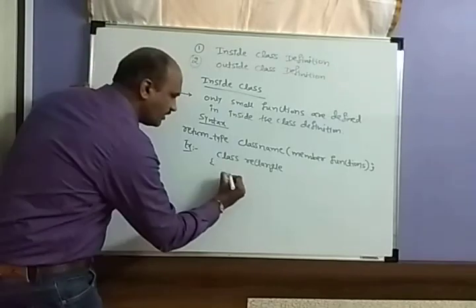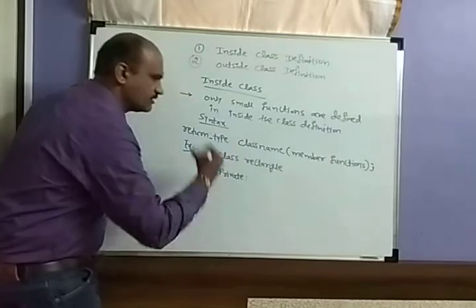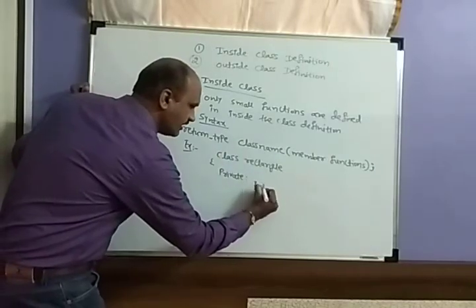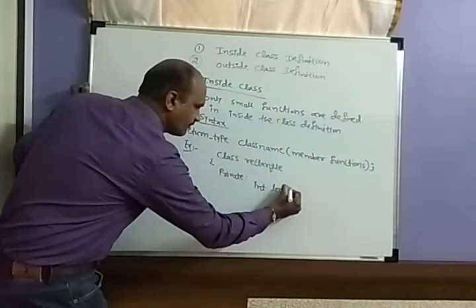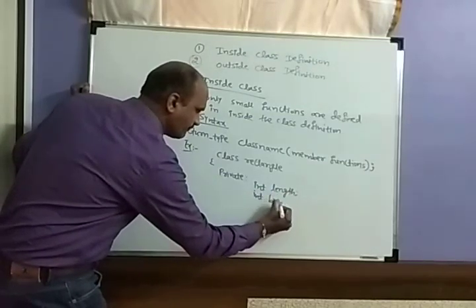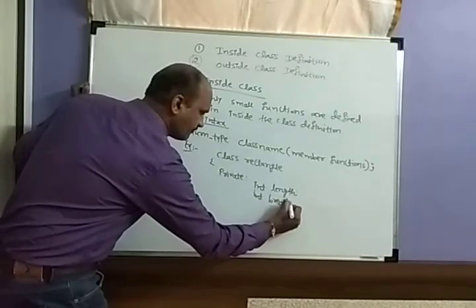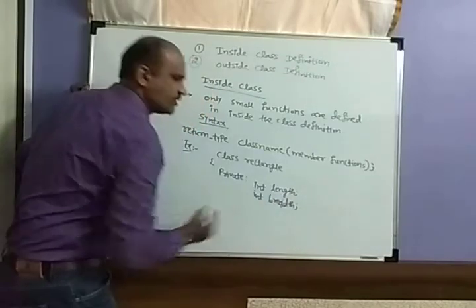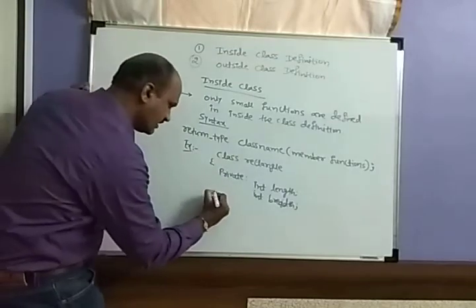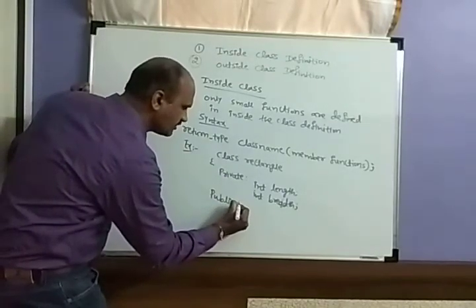Then we will define private: int length, int breadth. Next, in the public section, this is called inside the class.